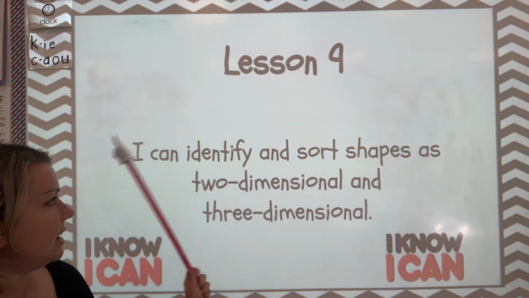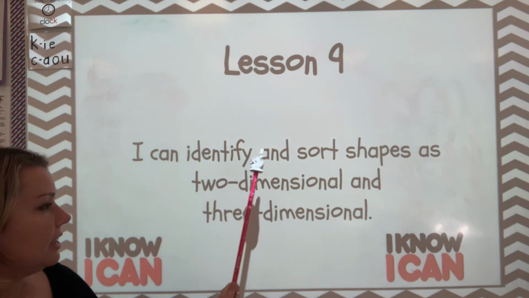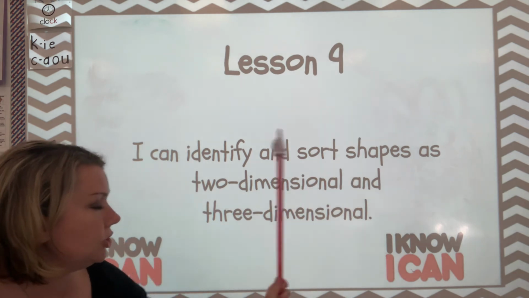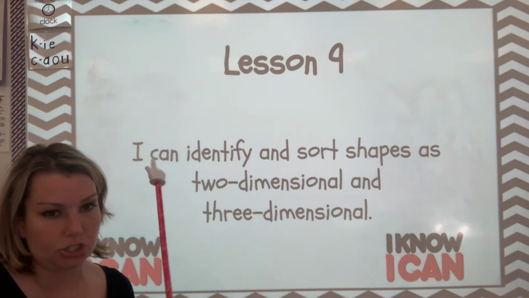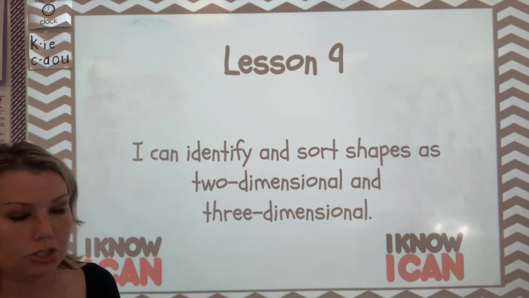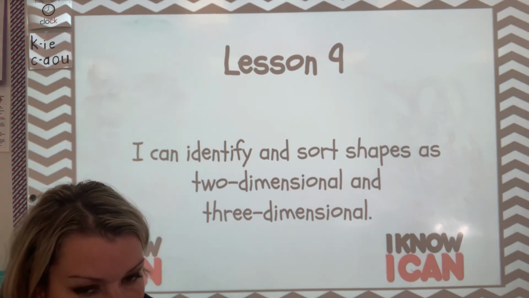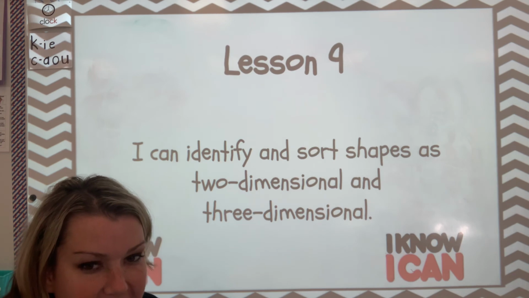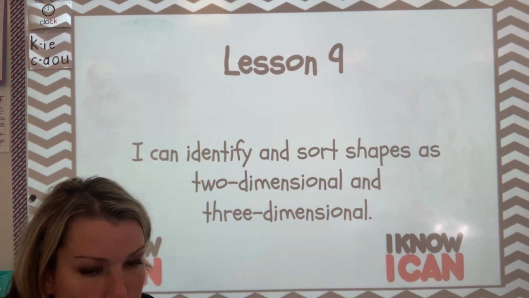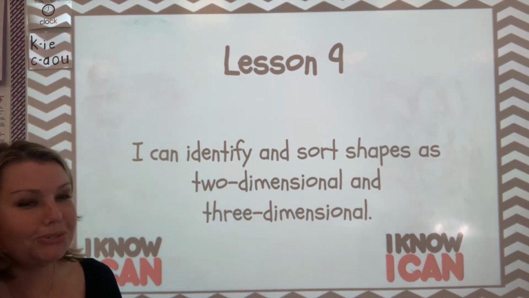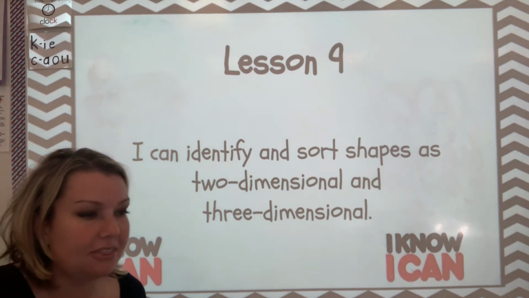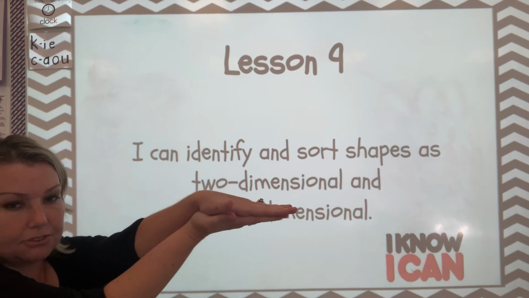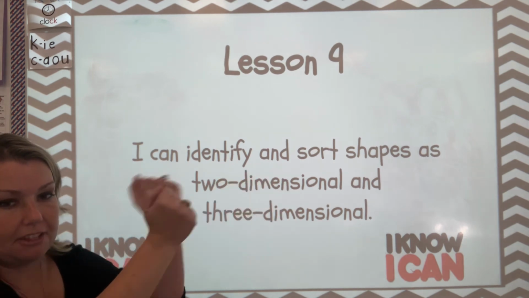And in lesson 9, we are going to identify and sort shapes as 2-dimensional and 3-dimensional. Does anyone know the short way to say 2-dimensional? Estelle? 2D. 2D, yep. 2D and 3D. 2D means flat. 3D means not flat.